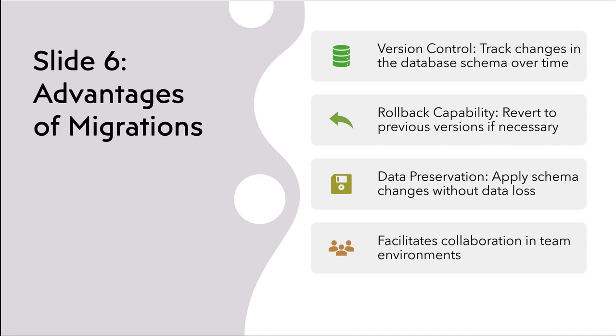Data safety: you can apply schema changes without losing any existing data, which is essential in real-world applications. So the Entity Framework Core migration system is an incredibly powerful feature for managing data changes efficiently. Now let me show you some examples.